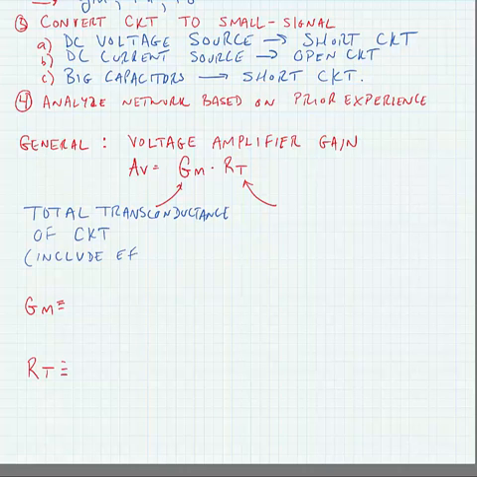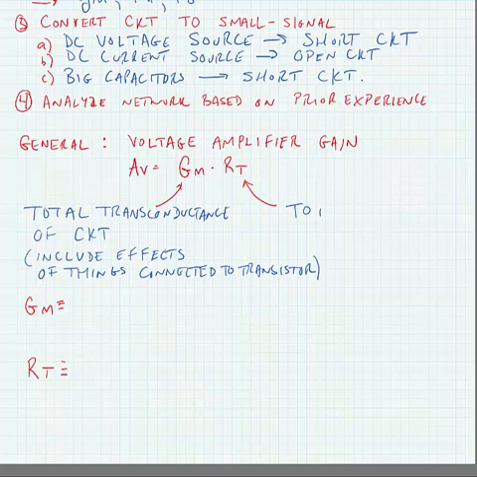So we're going to include the effects not only of the transistor, but of the things that we connect to the transistor. The Rt is the total resistance at the output node.